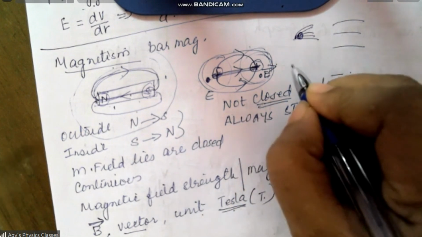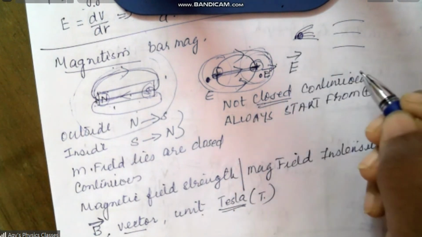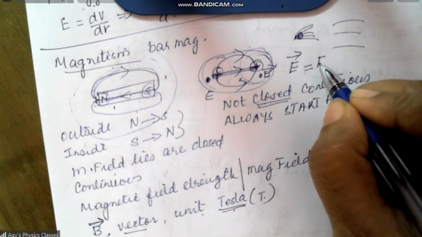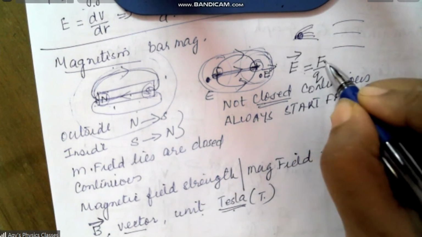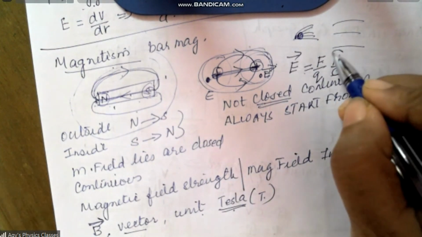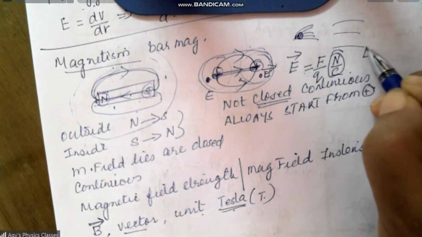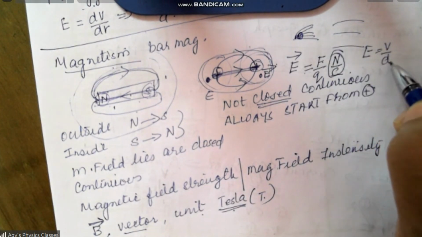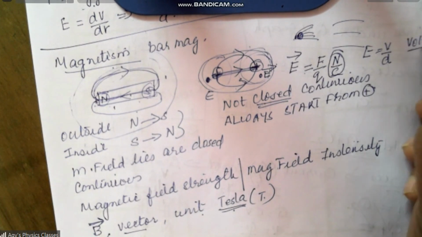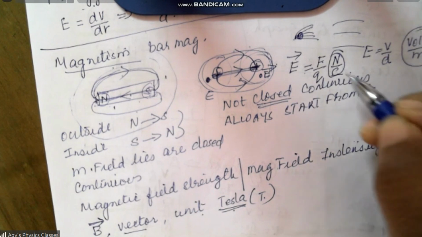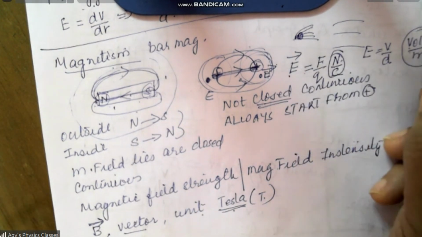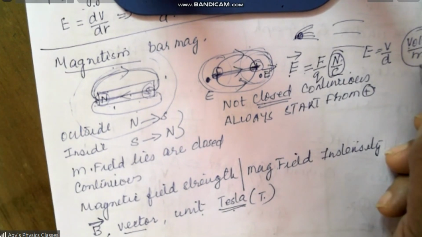What is the unit of electric field strength? You can understand from the formula. Electric field strength is equal to force by charge. Force is Newton, charge is Coulomb. This is one unit. Also, you know, electric field is equal to V by D. Using this formula, the unit is volt per meter. So electric field has two units, Newton per Coulomb or volt per meter.